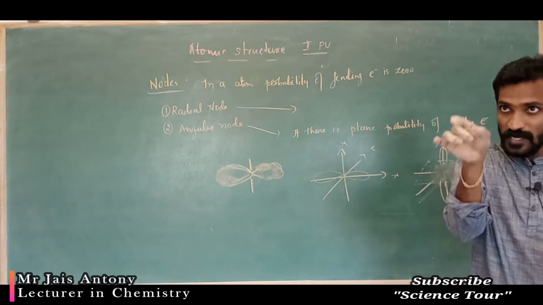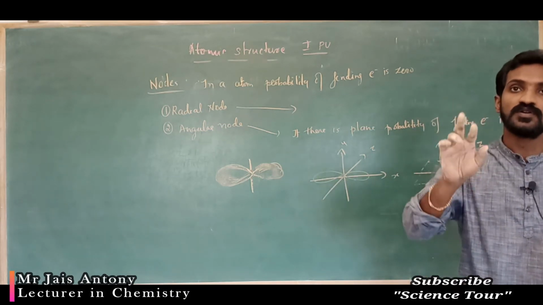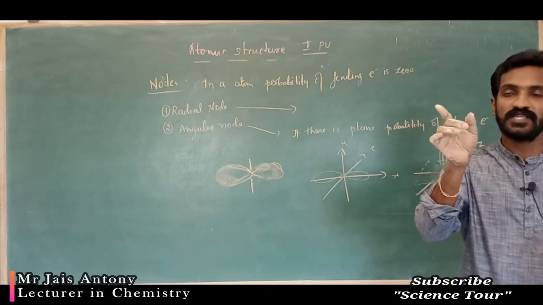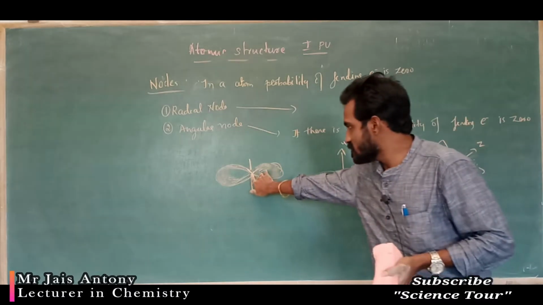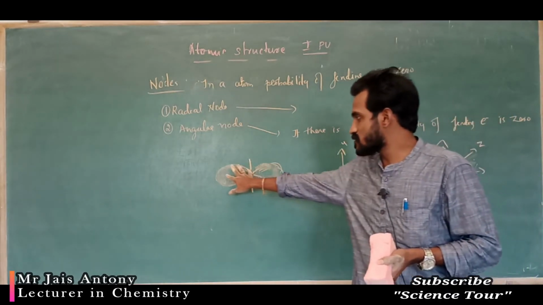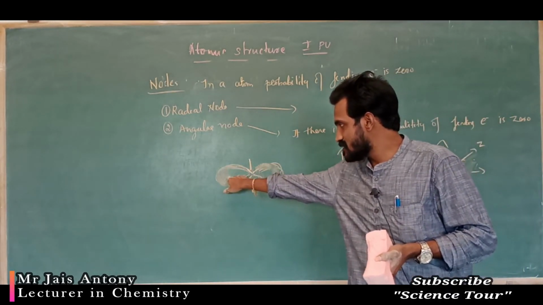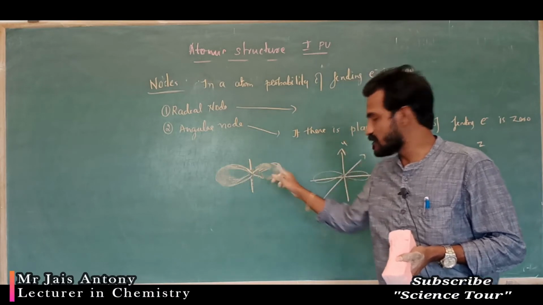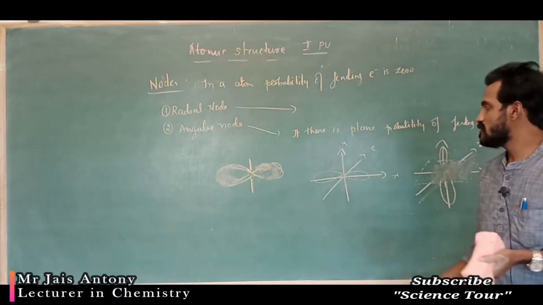That plane divides it into two equal parts. Imagine the point where these two dumbbell shapes join. At this point there is no electron, and all the electron density is concentrated towards this lobe side and here. Understood? This is called an angular node.